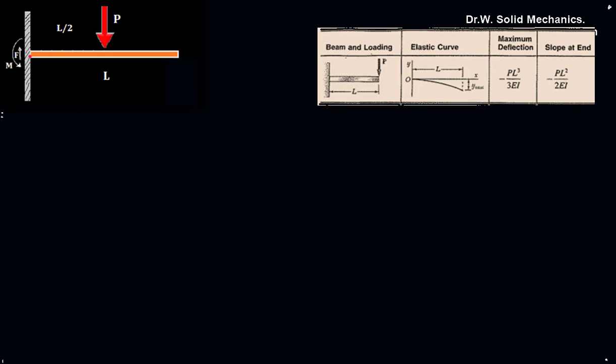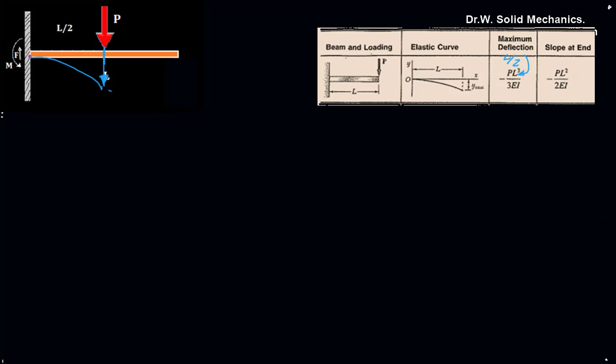Here we have a cantilever beam with a concentrated load acting at the center at L on 2, and we have our beam table entry for a cantilevered beam where it's located at the very end. And we could modify that by treating the beam as a shorter beam of length L on 2, which we know will deflect like that. And we could enter L on 2 in here for that entry.